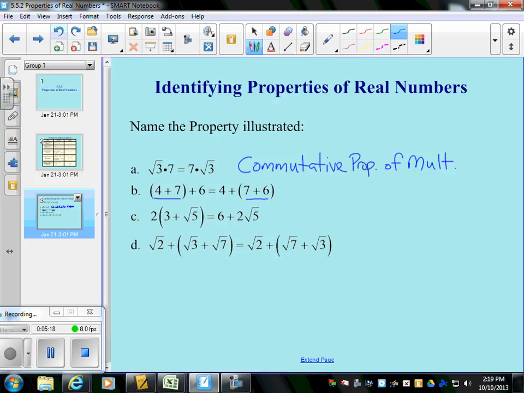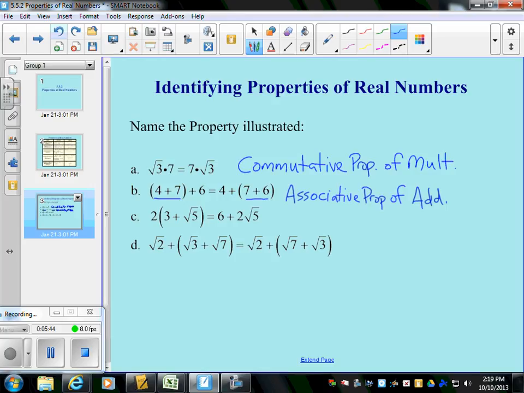So, thinking back to your properties, you should recognize that this is the associative property of addition, because we're adding three numbers together, and it does not matter which two numbers we add together first.